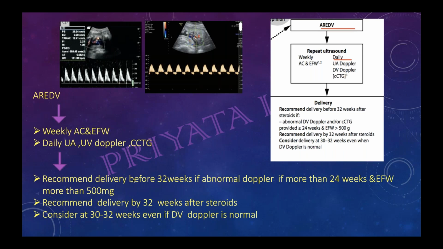In that situation, you will take out this baby. So when this kind of situation is going on and you are monitoring it daily, your decision will change. But if everything is going fine, then also you will try to prolong this pregnancy to 32 weeks. And when you take out this baby it will be by cesarean section, and before cesarean section you have to give steroid cover. Is the thing clear in this?